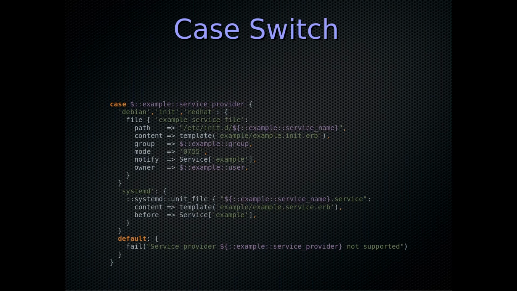For instance, on a CentOS 6 machine, it will simply select the old school init service file, whereas on modern systems that have systemd, like on CentOS 7, the systemd service file will be deployed.